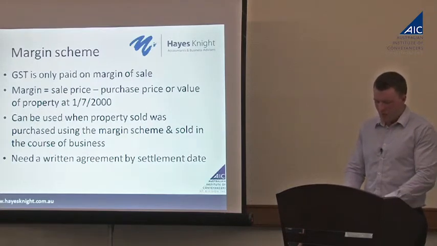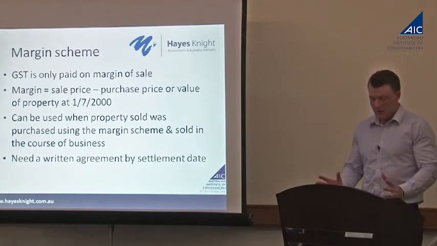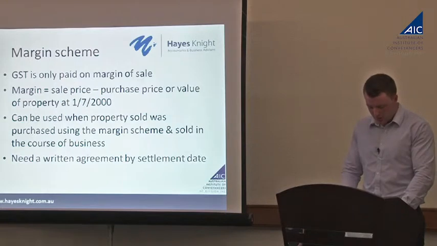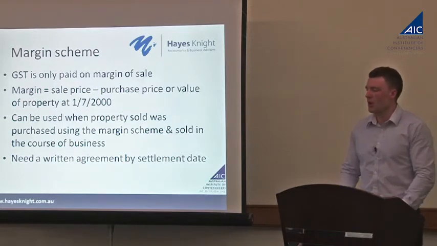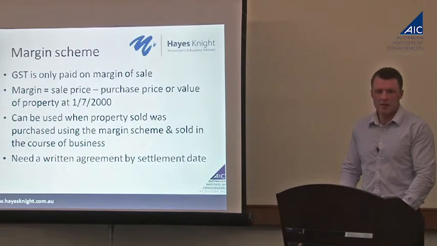Okay. One of the benefits of the margin scheme, and I guess what it was designed for, is whoever's buying the property. If you or I were buying a property under the margin scheme and we just intended to live in it as our primary place of residence, we're not registered for GST.